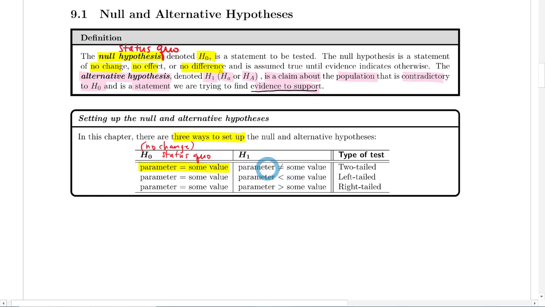This is called a two-tail test, and we can look at it as something has changed, or there's a difference. They don't specify greater than, less than, increase, or decrease. It's literally just that there's a difference. Something's changed. I don't know what it is, but something has.